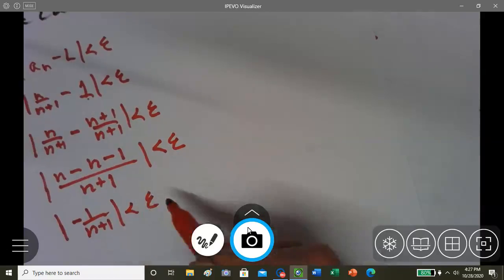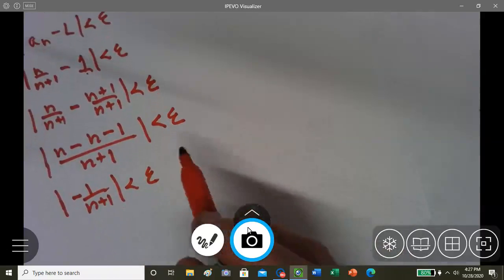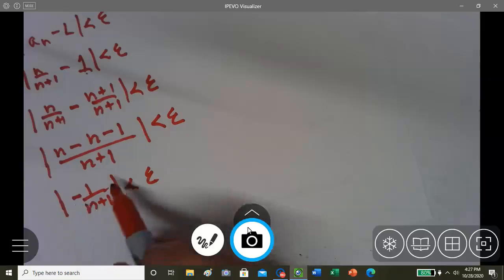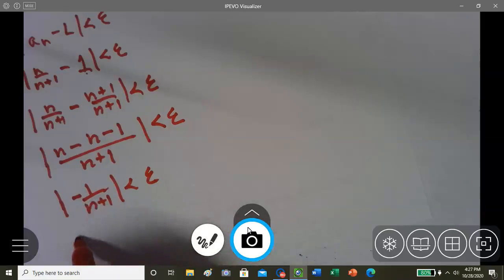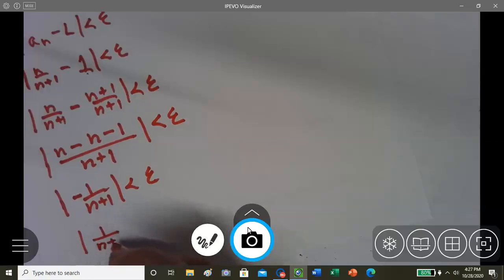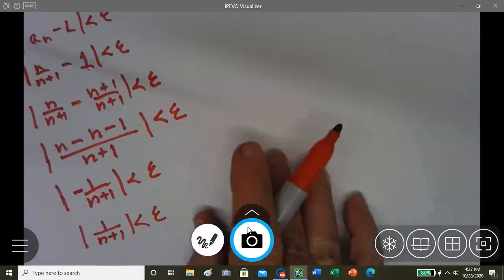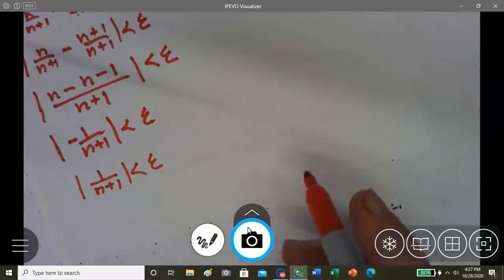That's less than epsilon. And since we have an absolute value, your result is always going to be positive, so we can drop that negative. So it's just 1 over n plus 1 is less than epsilon. Now let's examine this for a moment.